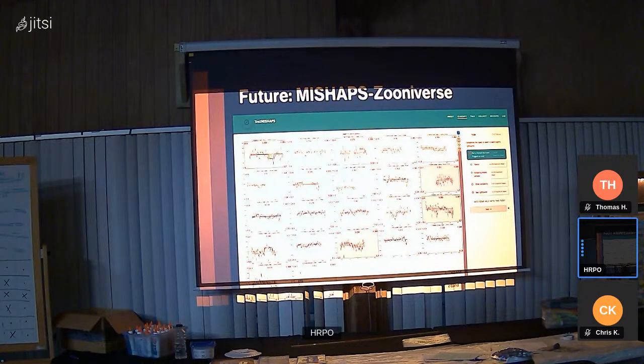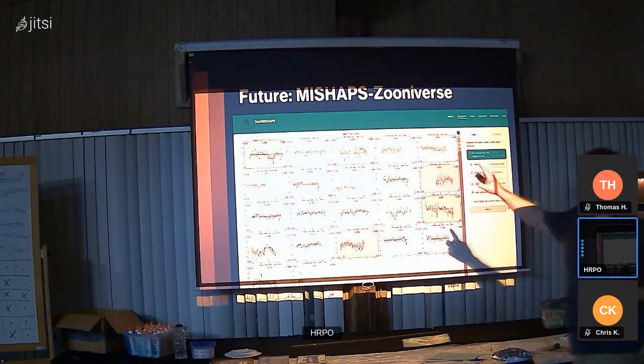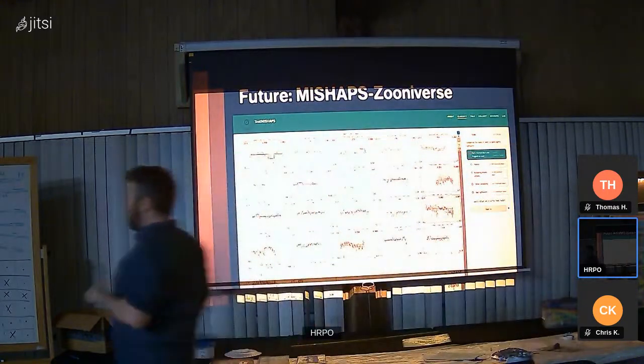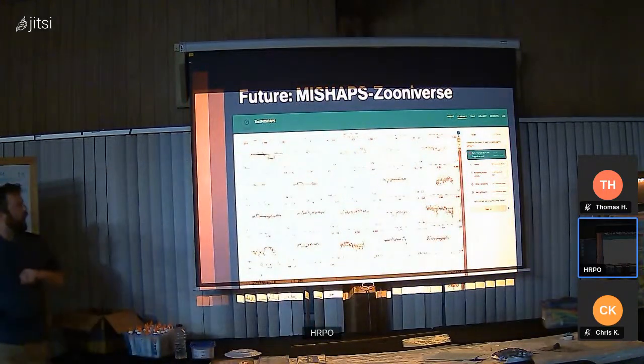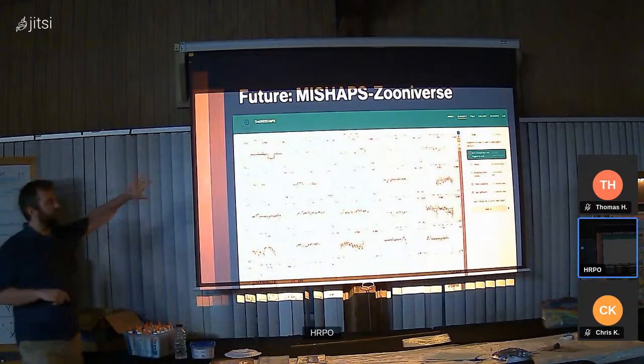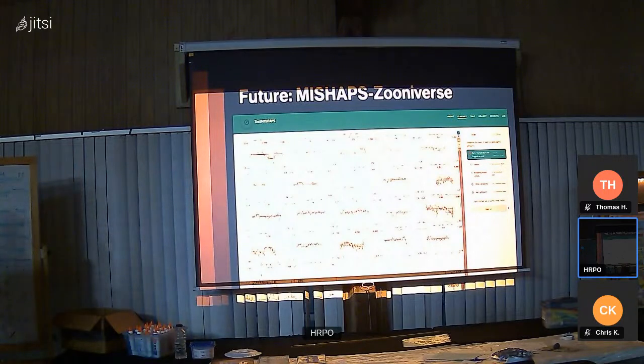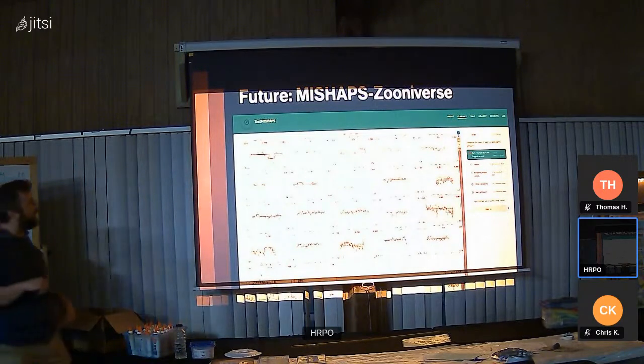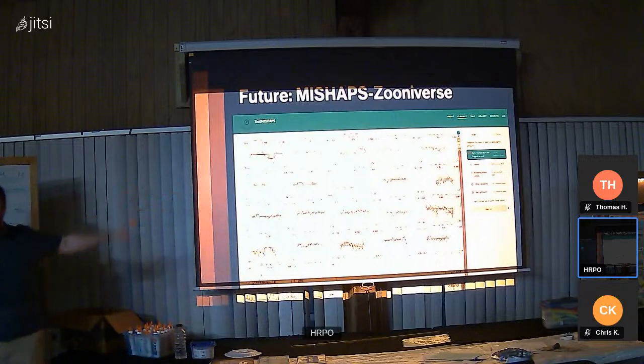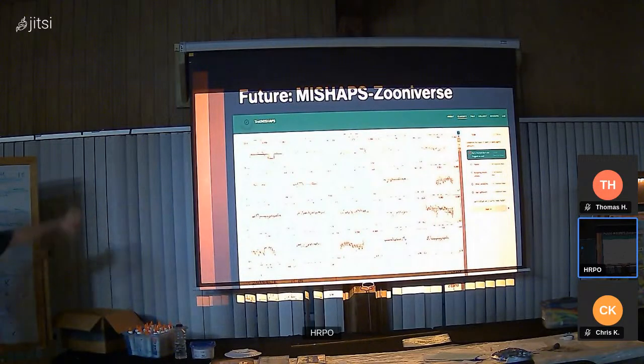So the last thing I want to say about the survey is that we are starting to put our data into the Zooniverse, so other people can look through it. We're still at the early stages of this, but this is the kind of thing you would see.